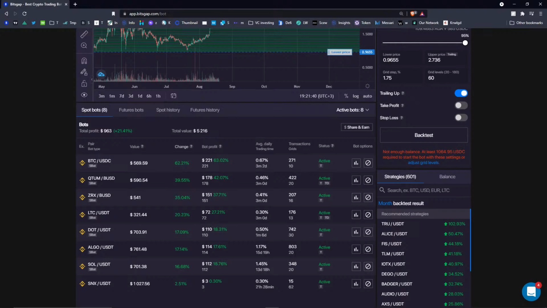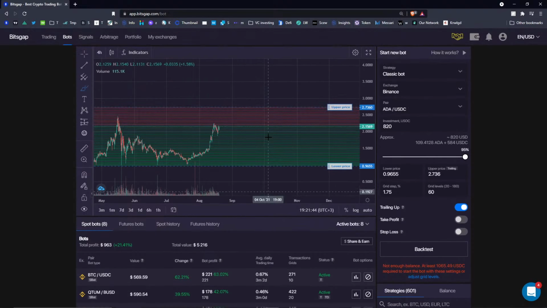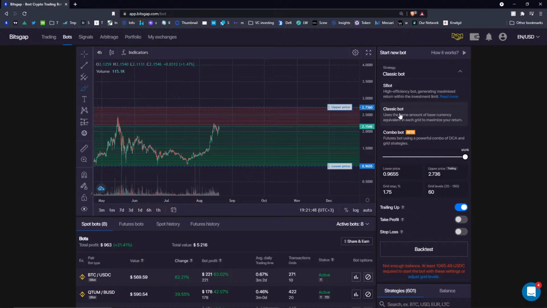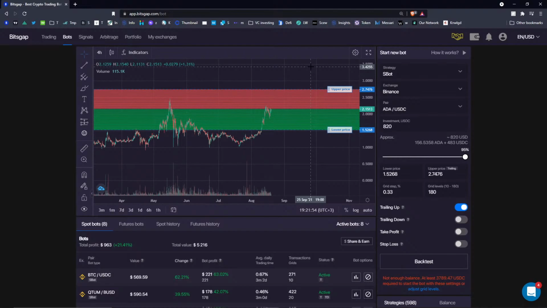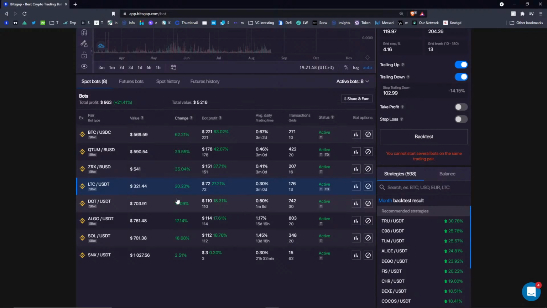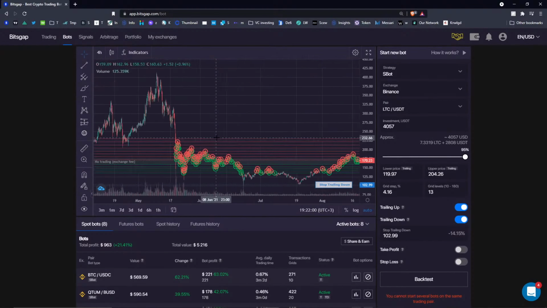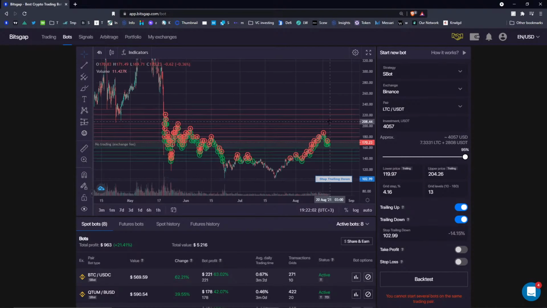Yeah, so let's proceed. You also know that we now have the trailing down feature for the SBot. The thing about the trailing down is, let's say my LTC to USDT. Let's check what is going on here.